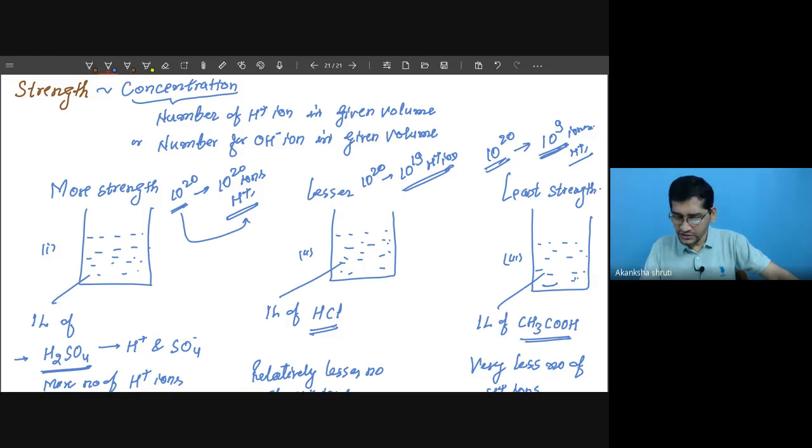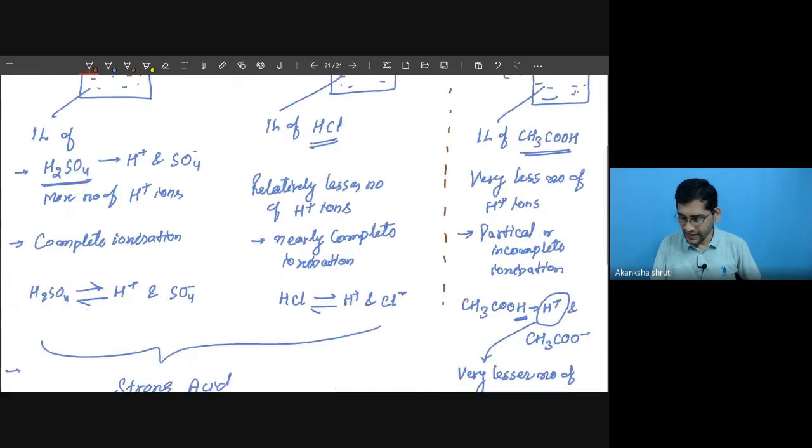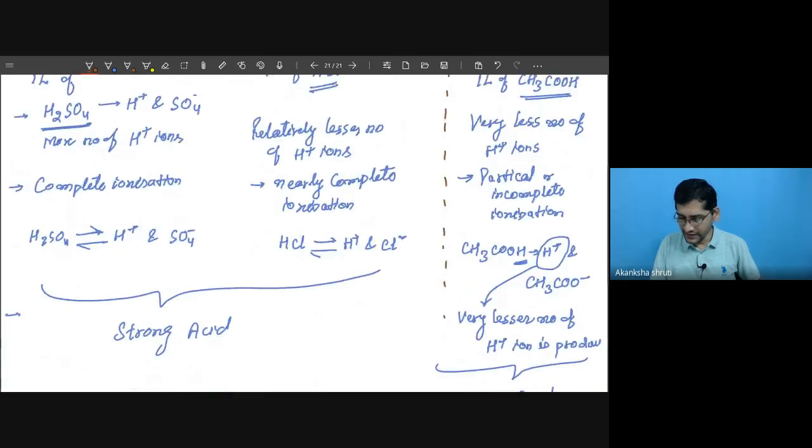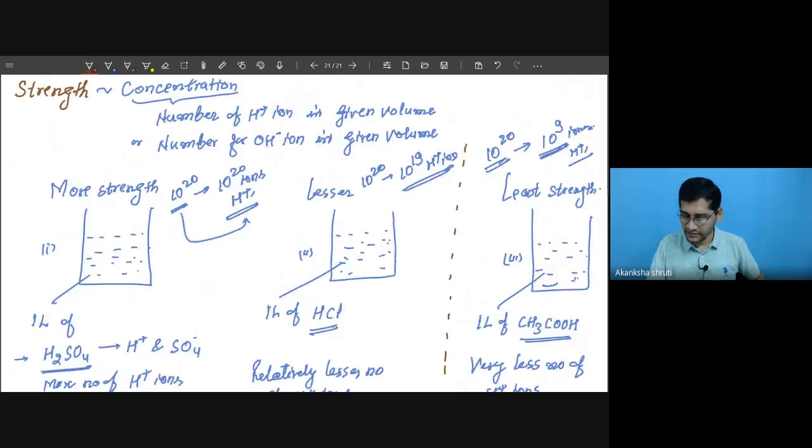And those acids in which only a certain amount or limited number of molecules get ionized, not the complete one, are called weaker acids. Okay, students? So vinegar or acetic acid is a weaker acid, but H2SO4, HNO3, HCl, these are stronger acids.